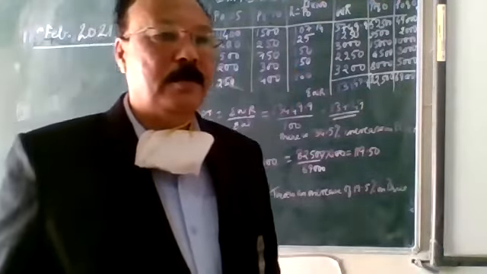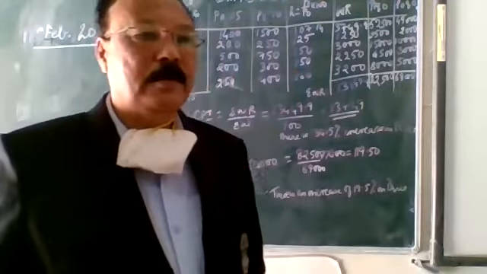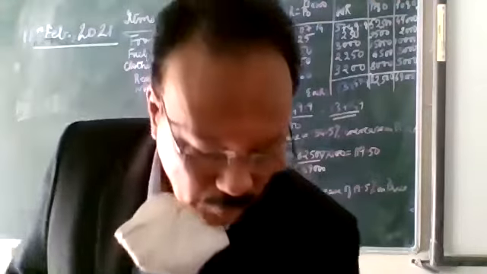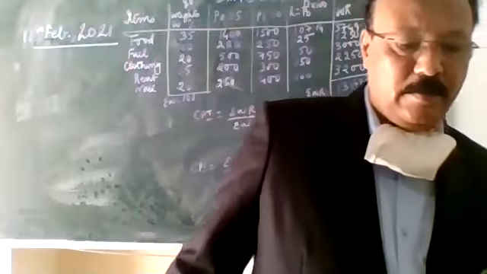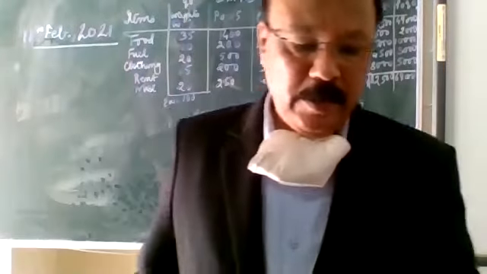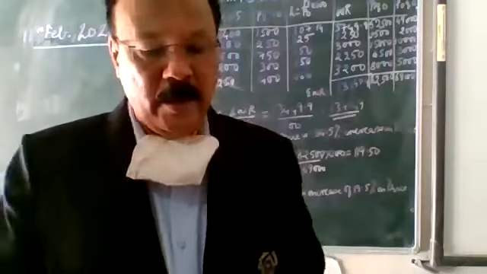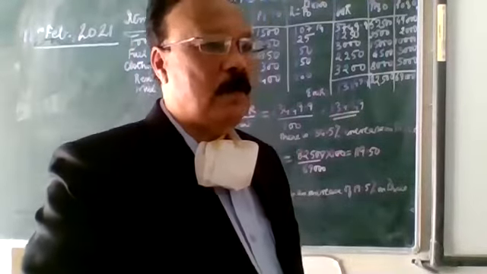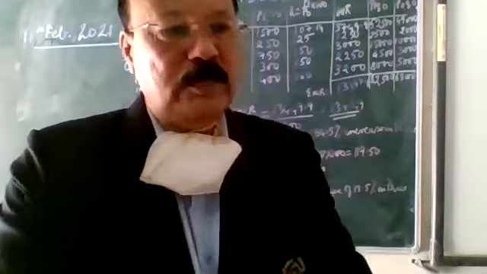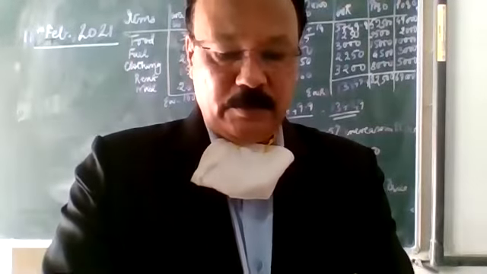Understood? So this is the consumer price index by the family budget as well as the weighted aggregative expenditure method. Okay. Next, now we will take up the uses of index numbers.